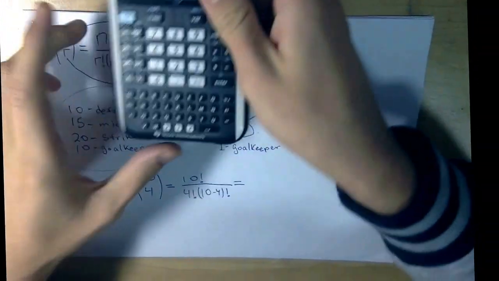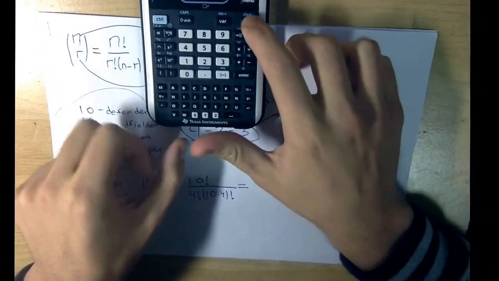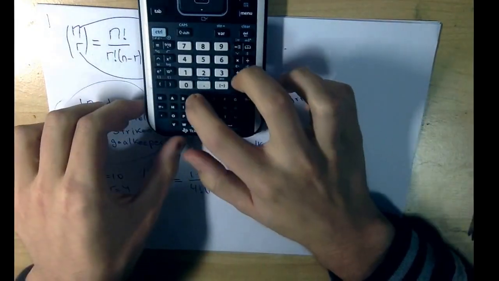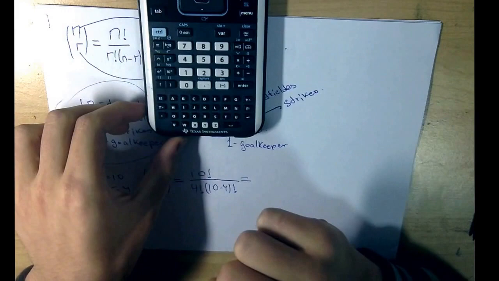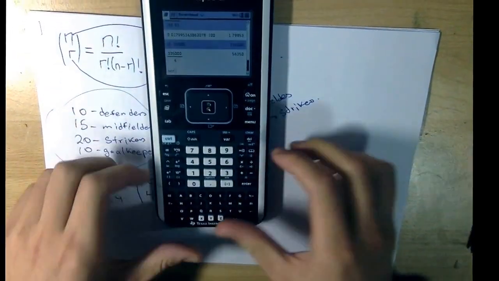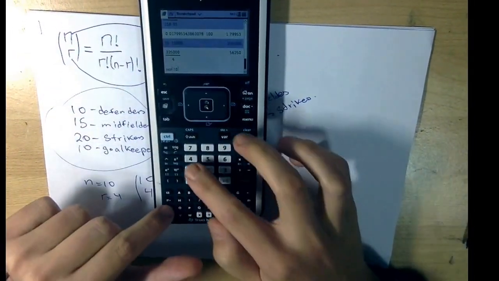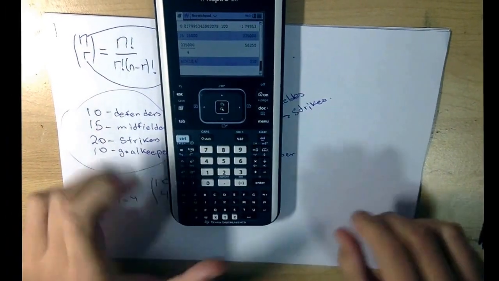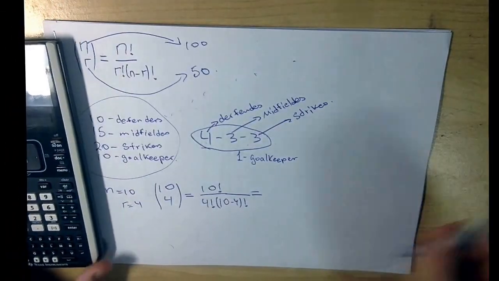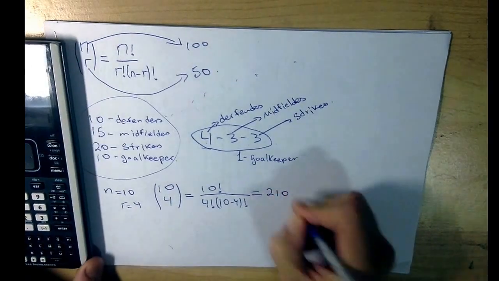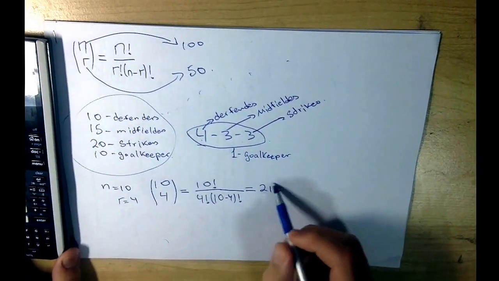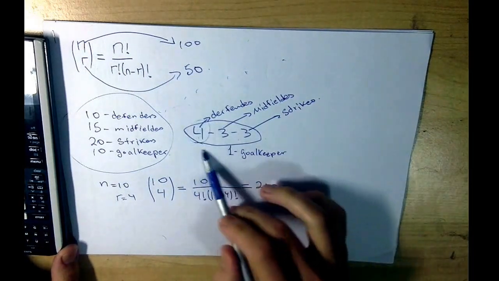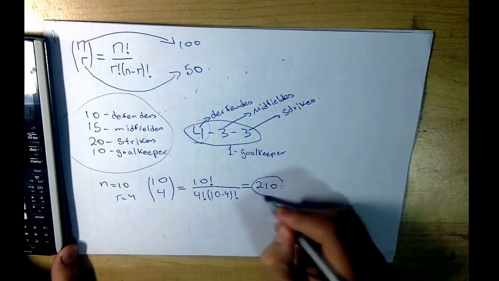To show you on your calculator, if you have a Texas calculator, you can just type nCr, then open brackets, type 10, and then 4, and you get 210. You can do this in 210 ways.